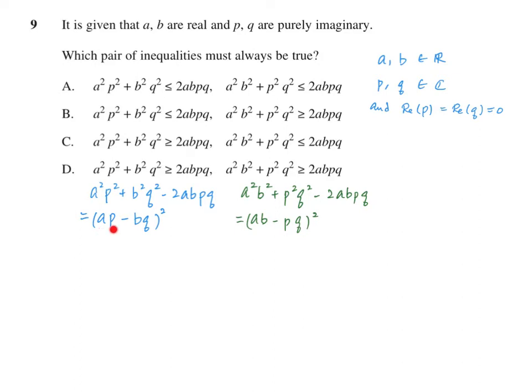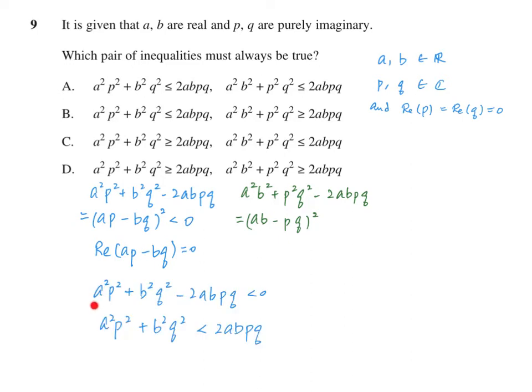Therefore, A times P is purely imaginary, and B times Q is also purely imaginary. Therefore, the difference is also purely imaginary. The perfect square of a purely imaginary number should be negative. Therefore, we can conclude that this is a negative number, and therefore A squared P squared plus B squared Q squared should be less than 2ABPQ.